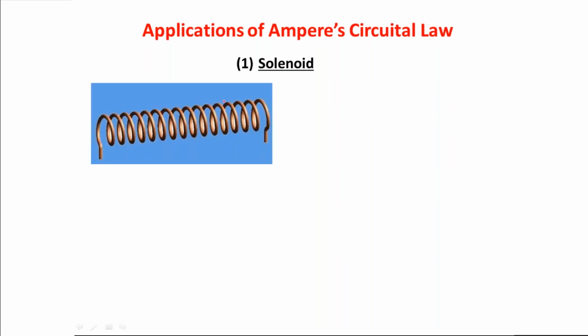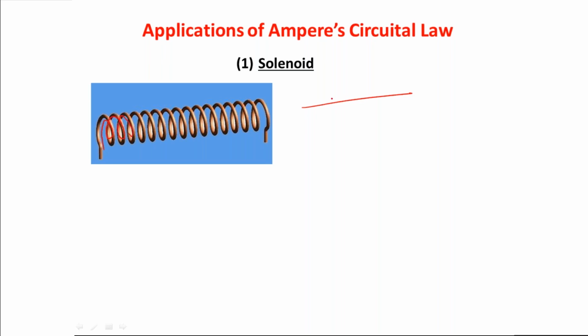A solenoid is simply windings of wire. If you take a long wire and make some loops or windings, that winding has to be in the same direction. Look here, it started from here, then it is going like this, then the next one going like this.